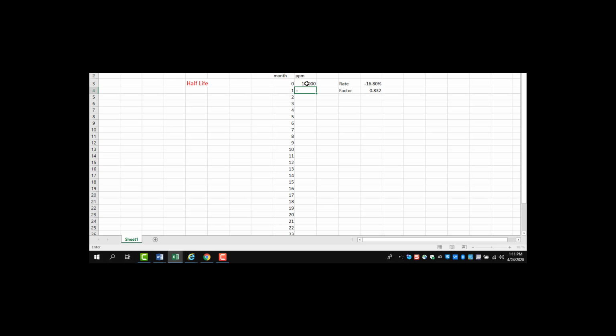So I'm going to take 10,000, lock it, that's my initial value A, times my factor, and that's not going to change either, raised to, in this case, the first power. So that's the first 16.8.